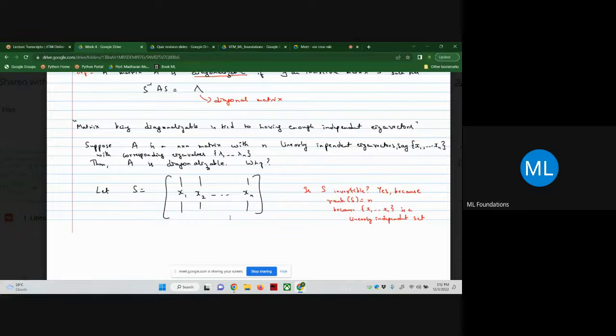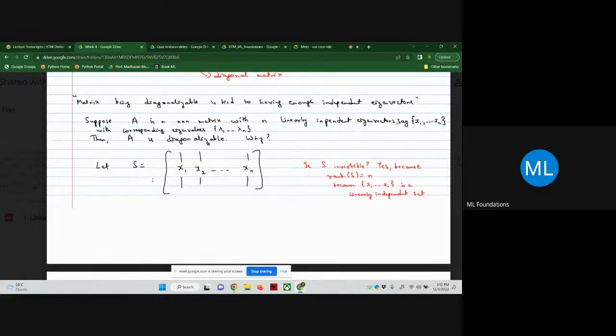When rank equals n, we know the matrix is invertible, right? Is it clear? Sir, when rank equals n, the matrix is invertible. Yes, right. So in this case, since all n vectors are linearly independent, S is invertible.